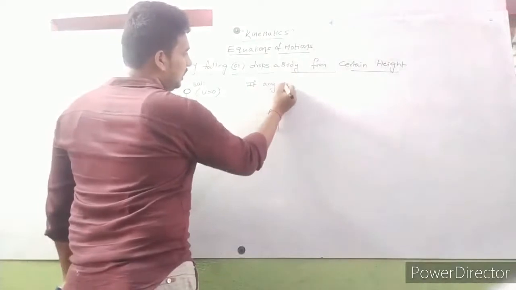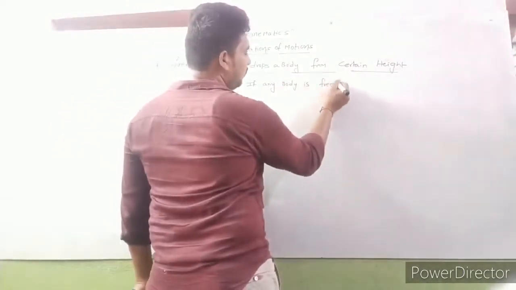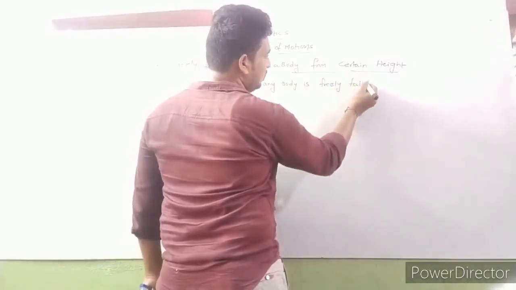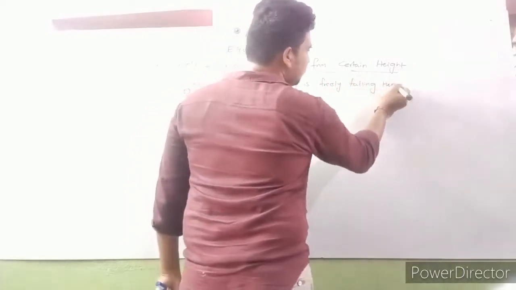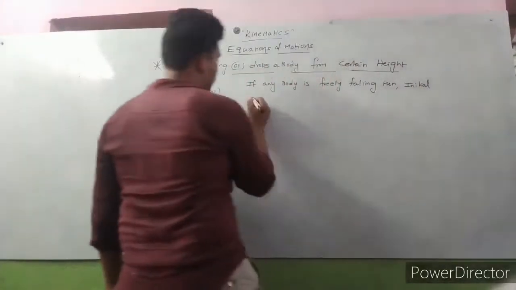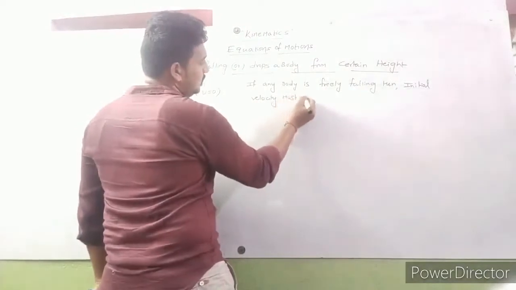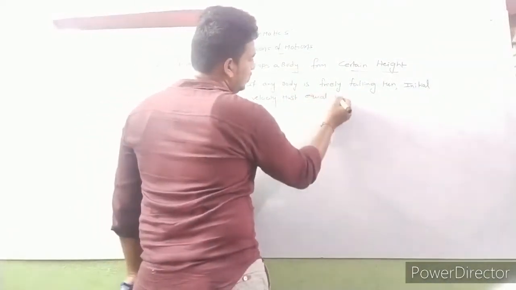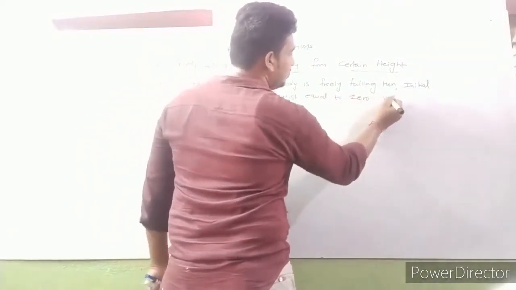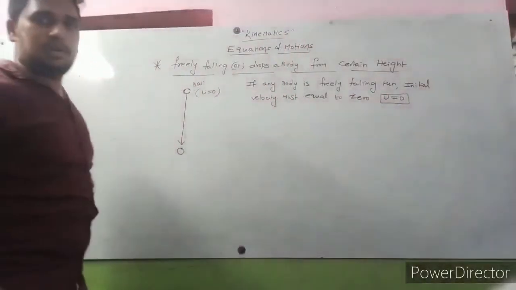If any body is freely falling, then initial velocity must equal 0.